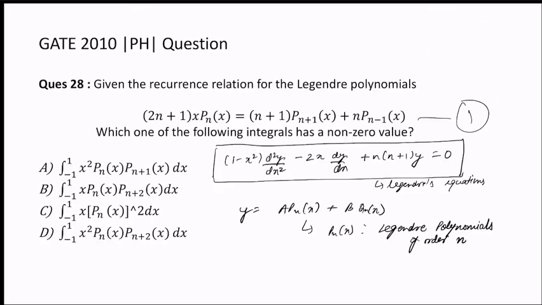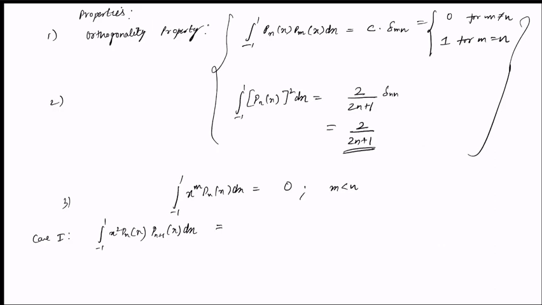Now you have this recurrence relation, so you will just break this integral such that you get the form x P_n(x). So you can write this as the integral from minus 1 to 1 of [x times P_n(x)] dx and [x times P_(n plus 1)(x)].